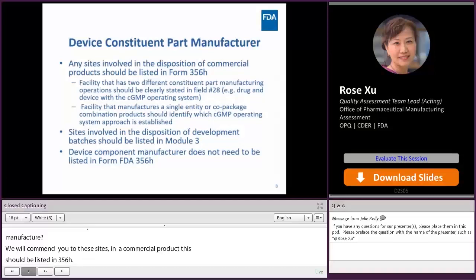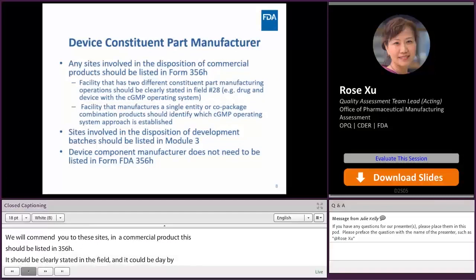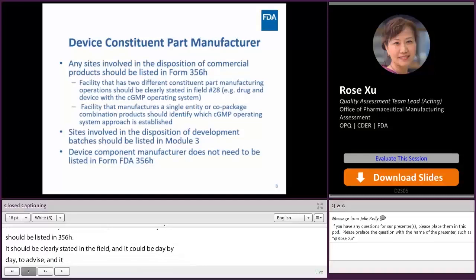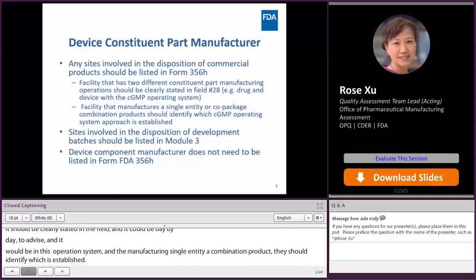For a device, it has to state that 820 is followed in the cGMP operation system. If the facility manufactures a single entity or co-packaged combination product, they should also identify which cGMP operation systems are established and followed. For other sites involved in the disposition of development batches, they can be listed in Module 3.